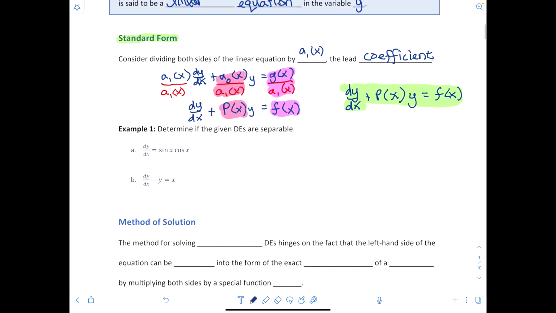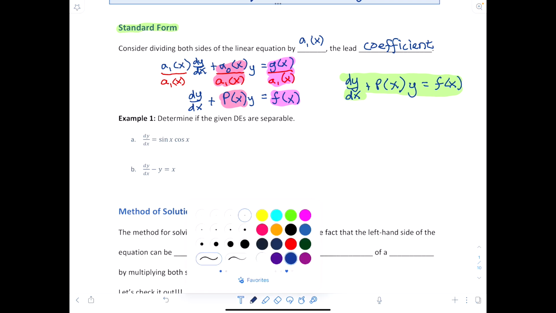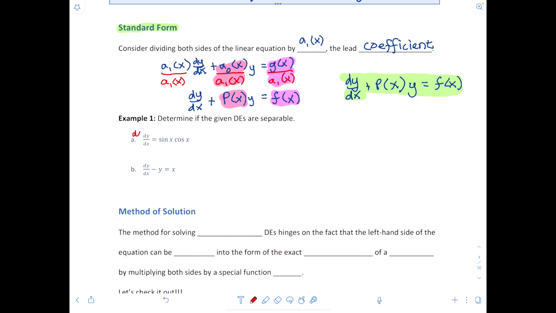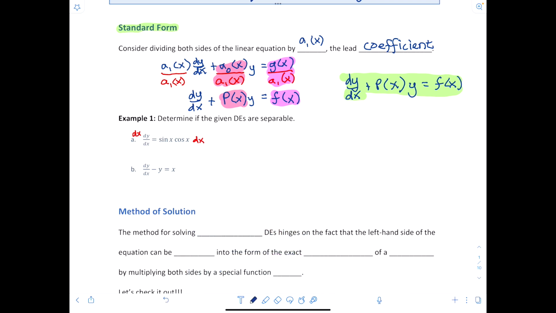All right, so the first example: determine if the given differential equations are separable. Well, one way to do this is just to try to separate them, right? So multiplying both sides by dx, we would get dy is equal to sine of x times cosine of x dx.